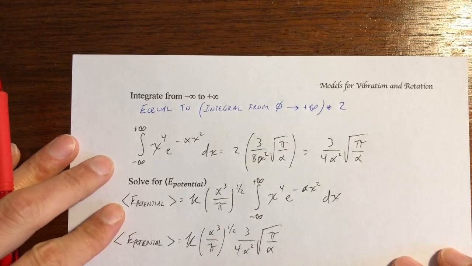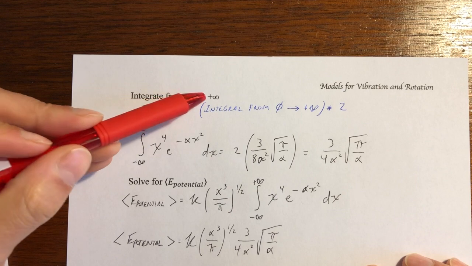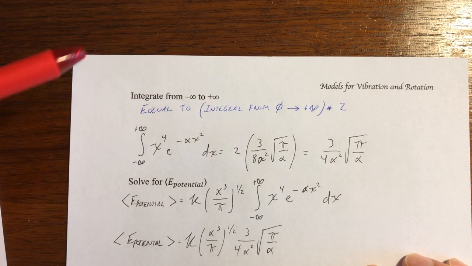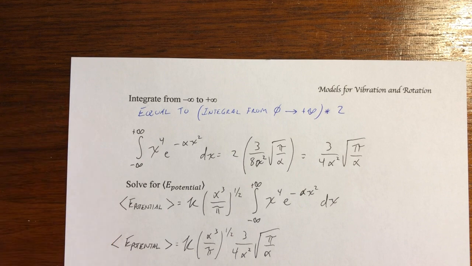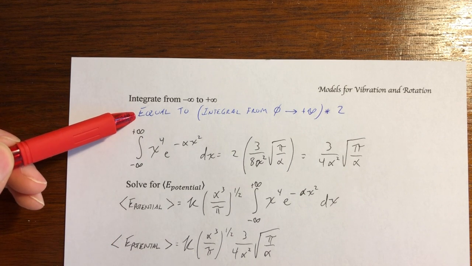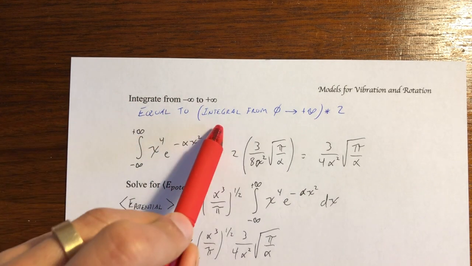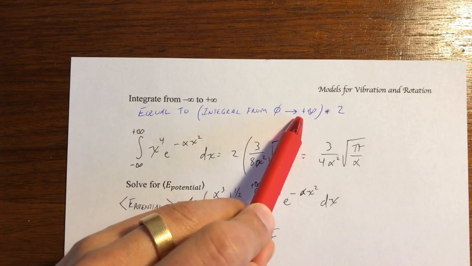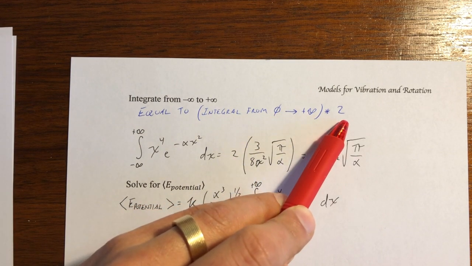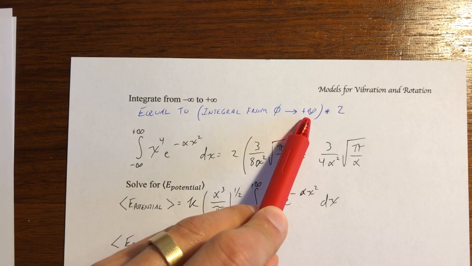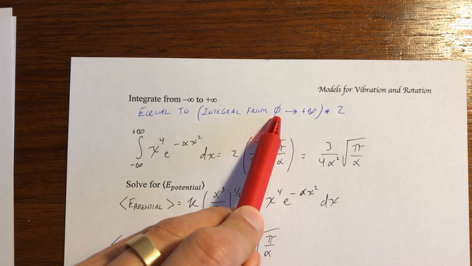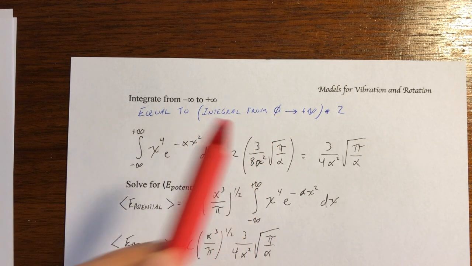Well, when we want to go from negative infinity to positive infinity, that is twice the range as 0 to infinity. So this range is going to be equal to the integral from 0 to infinity times 2. Because if we're starting from 0 going to positive infinity, that's only half of the range if we're also going from 0 to negative infinity.